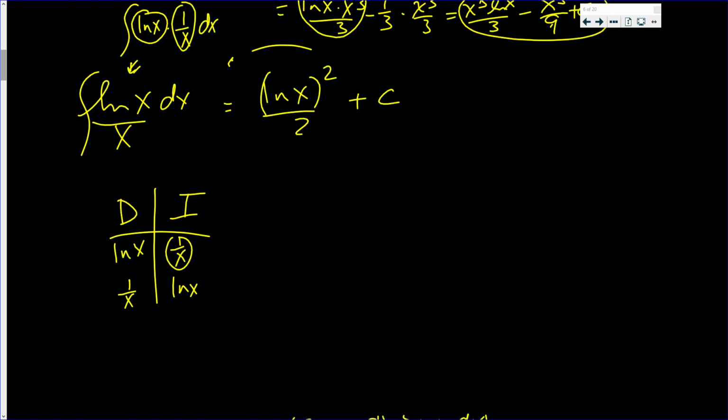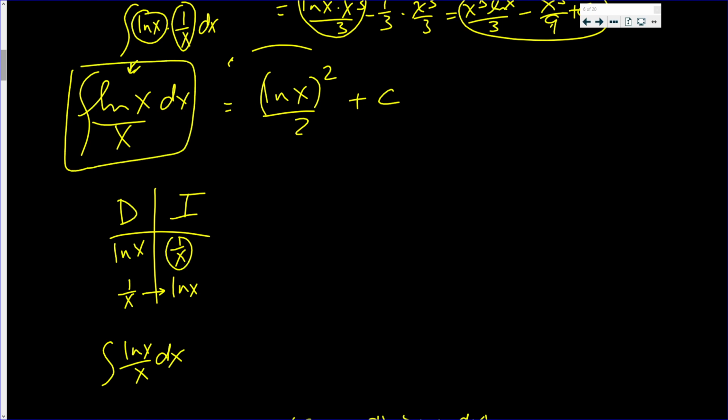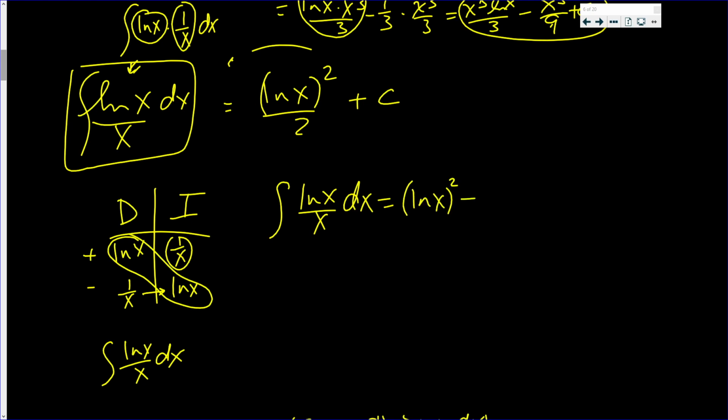Okay, now here's something really cute. This product, which is ln of x over x, and since I'm going across, I have to integrate. That's exactly what I started with. So the integral of ln of x over x dx, remember, plus minus, is this product, which is ln of x squared, minus this integral, which is 1 over x ln of x.